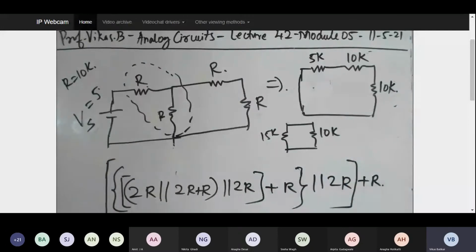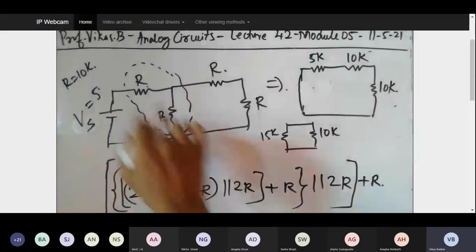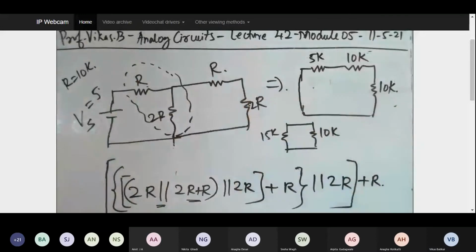So that's the reason why I am repeatedly getting the series form as well as the parallel form in my equation. Yesterday's circuit was the same thing. It was R and 2R. So rather than having R plus R, I did the same thing over here.